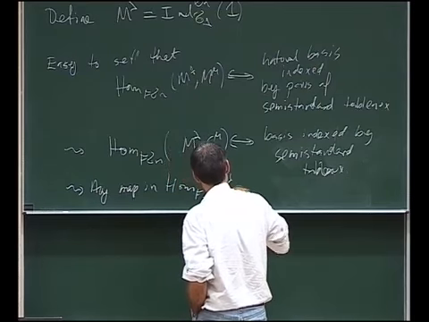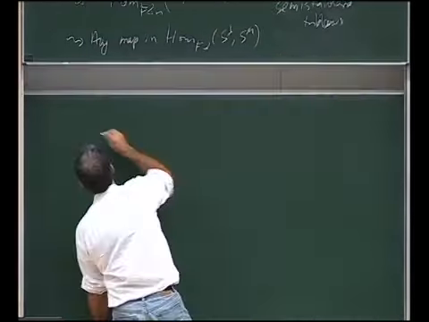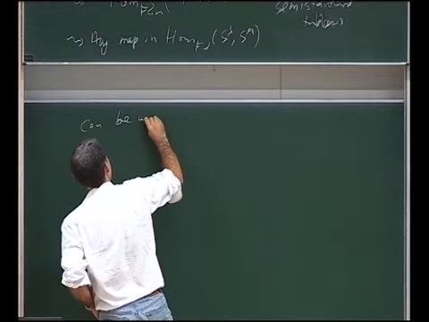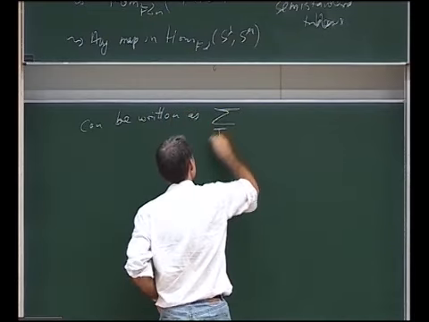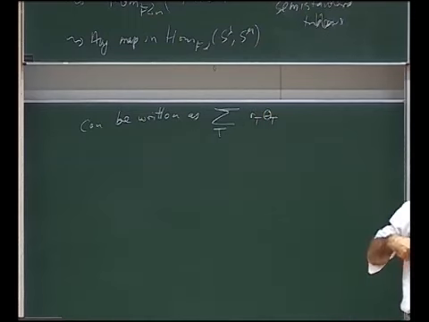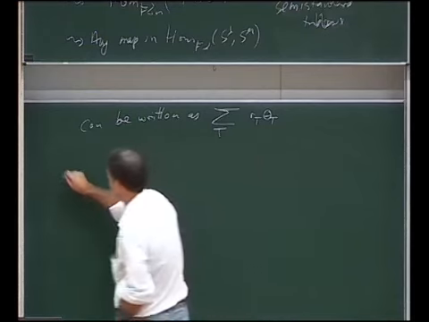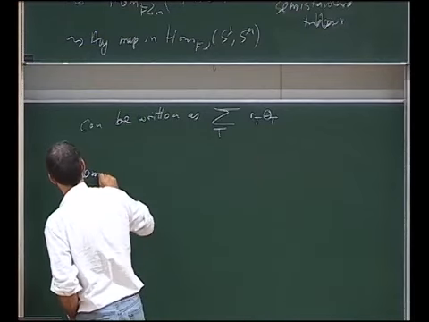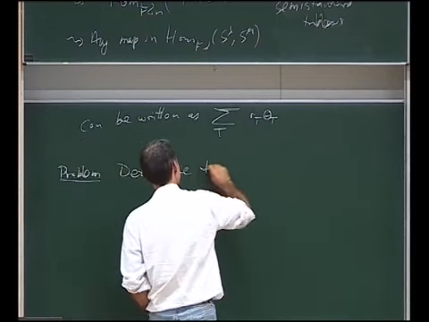So any map inside here, I should be able to write as some sum over t running over some standard tableaus, some coefficients, some theta t's, and there are restrictions on what these coefficients can be in order for it to be an honest map on the spec modules, and one simply has to work out what they are.